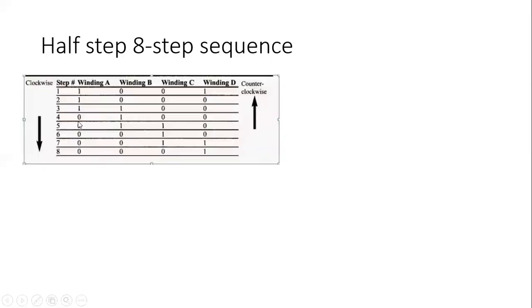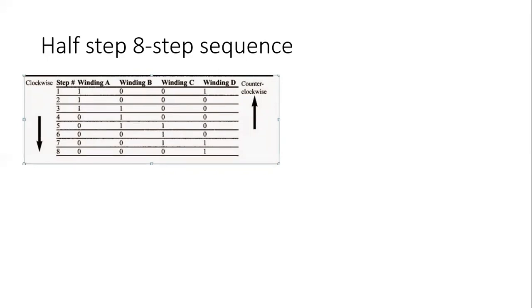By using this particular sequence of values, we can enable the motor to rotate in half step, isn't it? If the minimum step angle is 2 degrees, then using the half step, it would be around 1 degree. So each step movement is 1 degree.